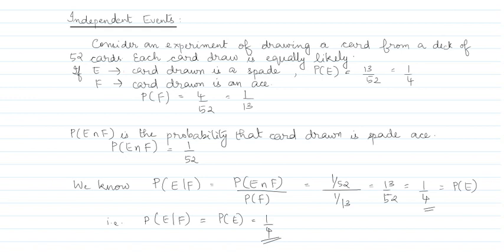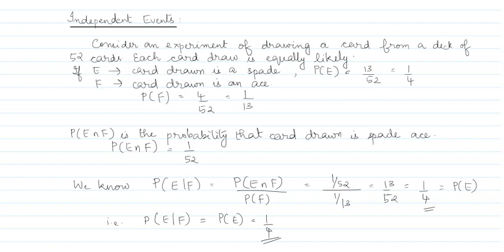Now, let E be the event that the card drawn is a spade. What's the probability of E? It is 13 out of 52. Right, it's 1 by 4 because there are 4 different suits in a deck of cards, and there are 13 cards which are spades. Now, let F be the event that the card drawn is an ace.